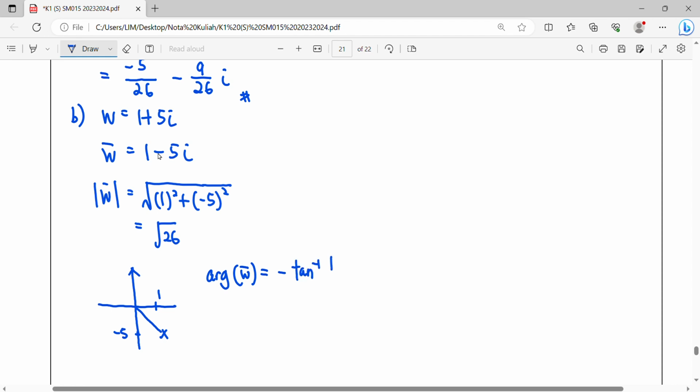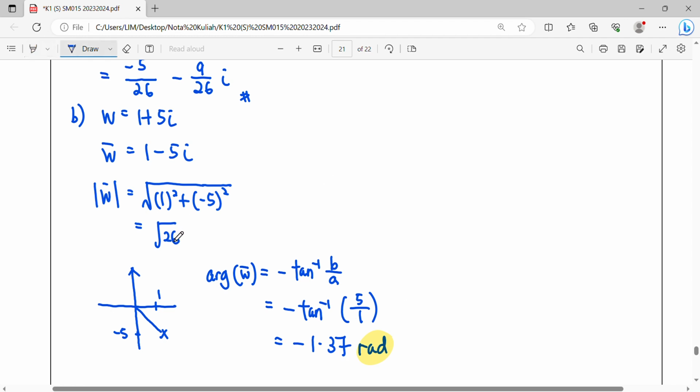Shift tangent of b over a. So the value of b here without the negative, which is 5, over 1, the value of a. So this argument gives us -1.37. Bear in mind, your calculator must be in radian mode.